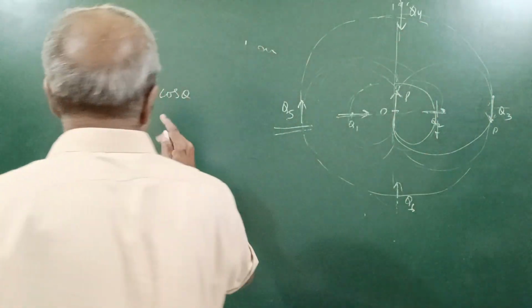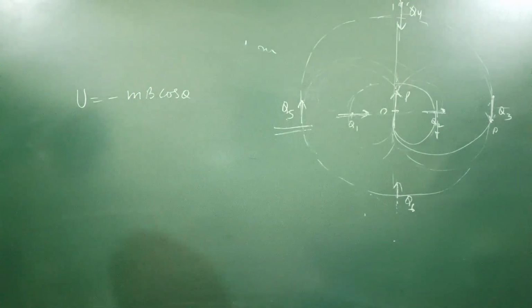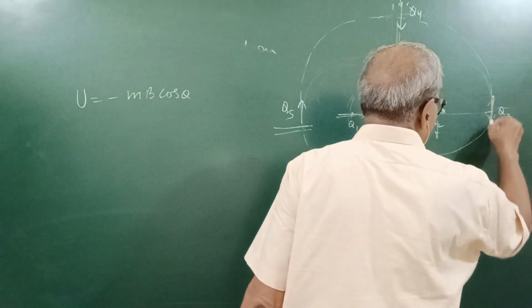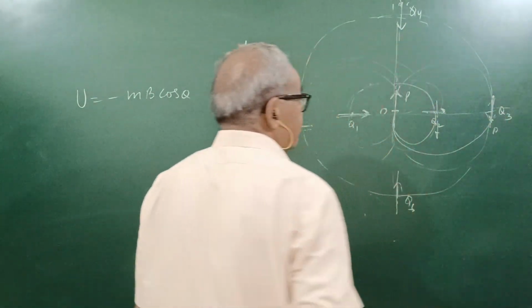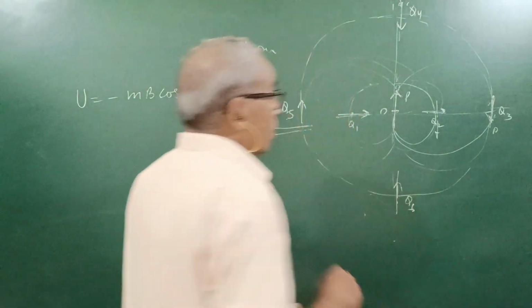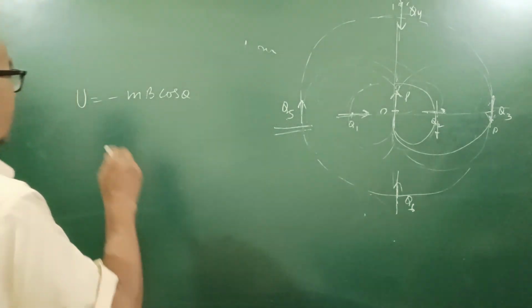So theta 0, then potential energy is minimum. Here parallel, theta 0, here also theta 0, so in these two systems, which corresponds to least potential energy?